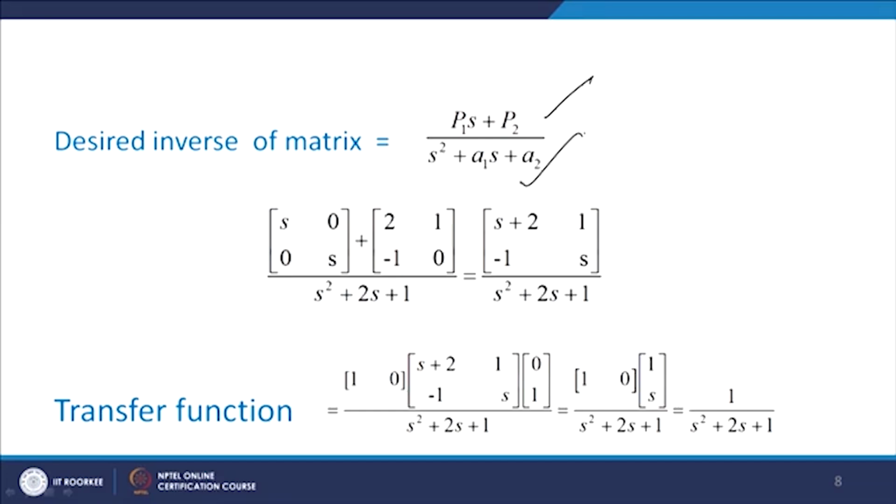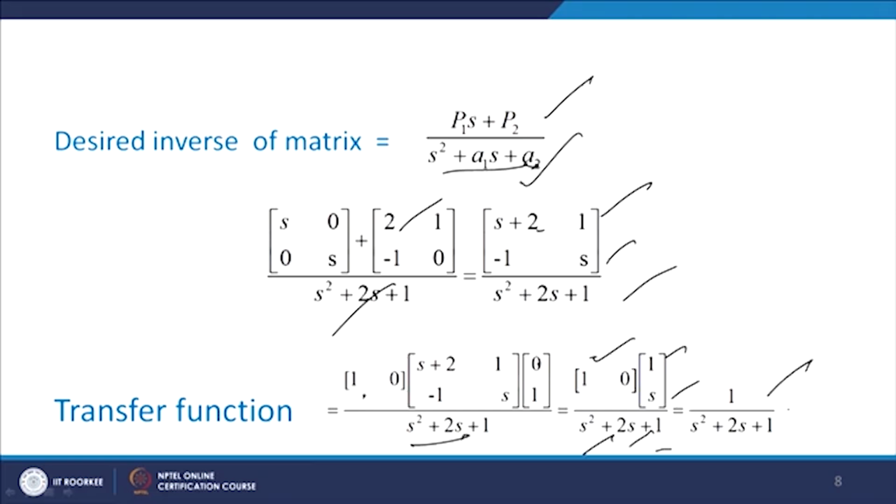So we write the elements of all: P1 is the identity matrix, so s into the identity, then P2 we have written. All these values we have written, and finally you see here the transfer function is C (sI minus A) inverse, that means [s plus 2, 1; minus 1, s] divided by s square plus 2s plus 1, and after solving this we will get the result. About the determinant we have got s square plus 2s plus 1.